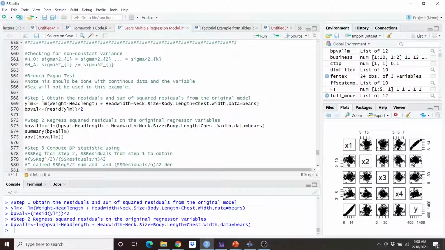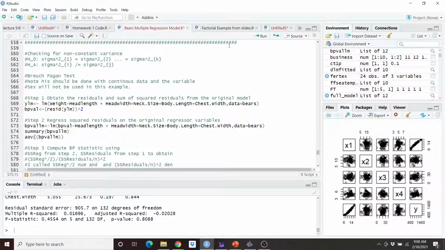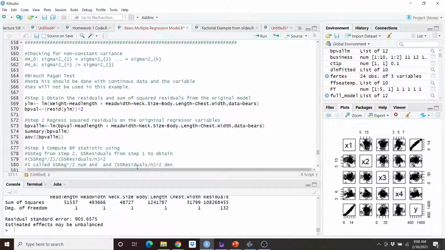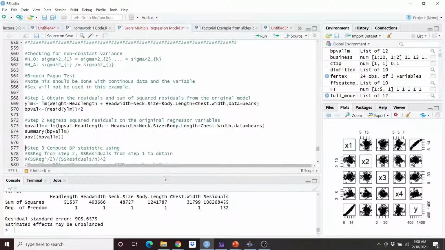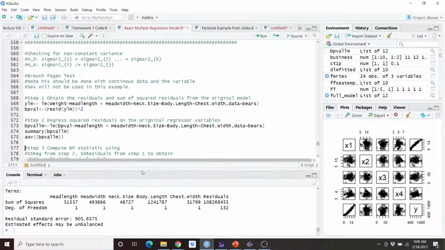I'm going to obtain what I'm going to call sum squared regression star for the model in step 2. So, what I need to do, first I want to get a summary, and then I want to take a look at my analysis of variance function. I need sum squared regression star. Now, that is the sum of these values.